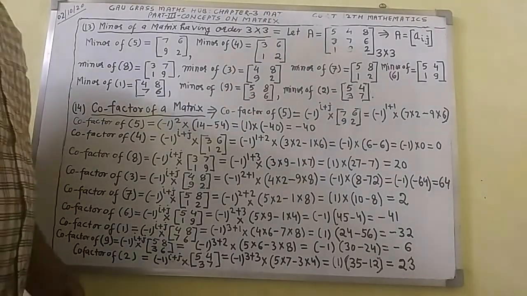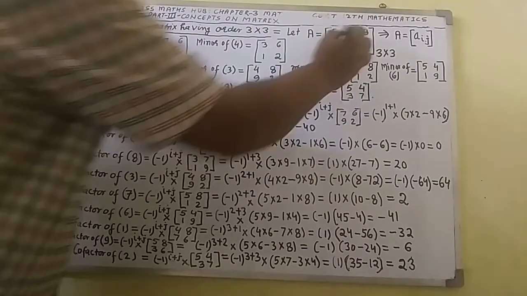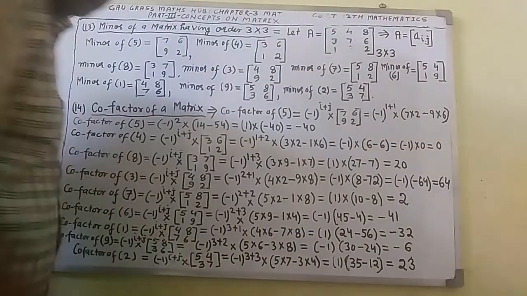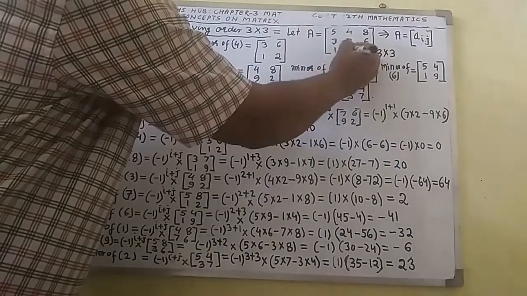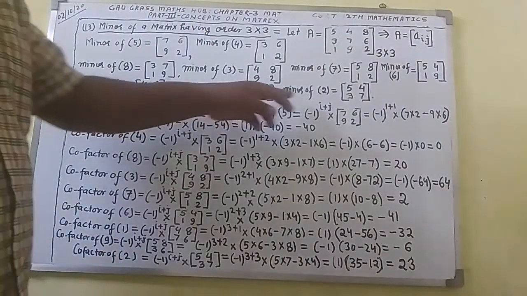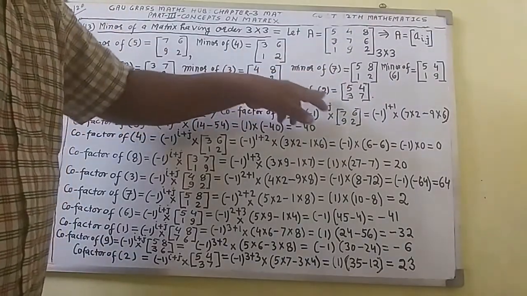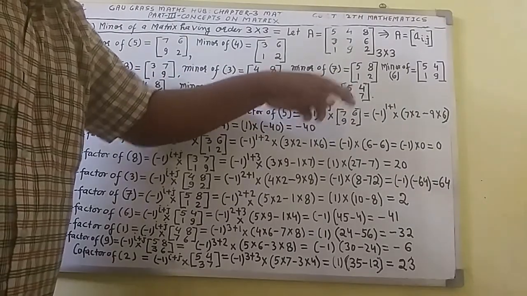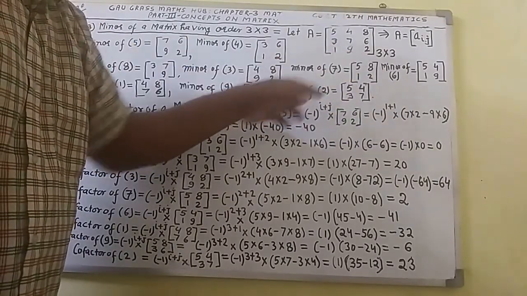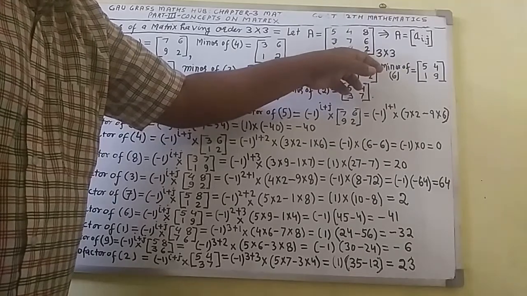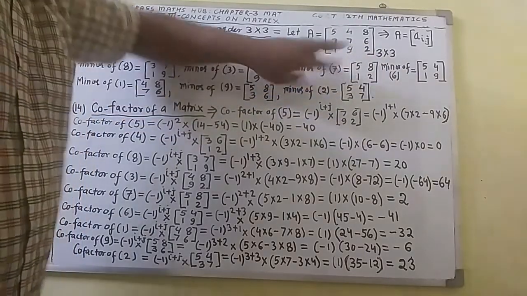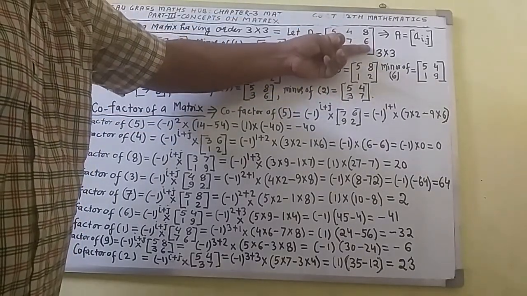And the minor of element 2. Here you can see 2 is there in the third row. The third row will get hidden like this.